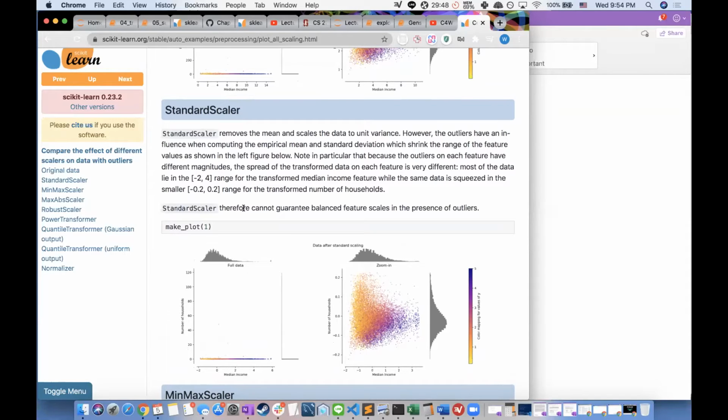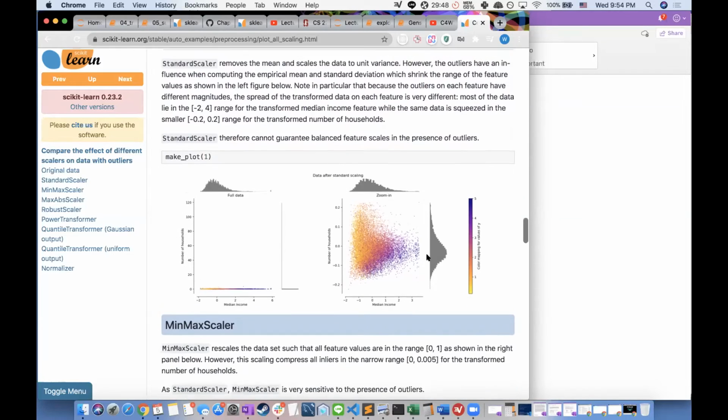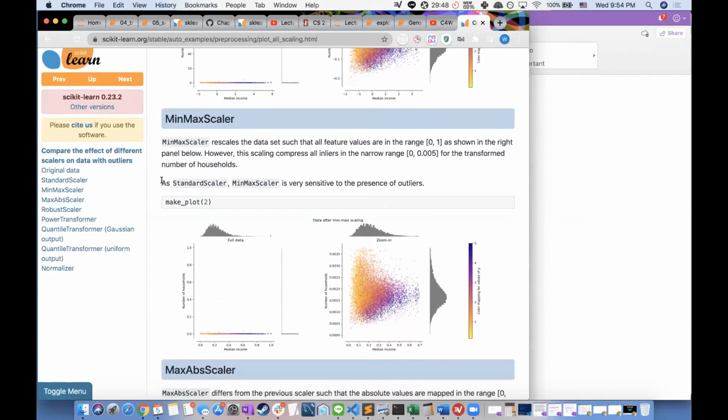So StandardScaler therefore cannot guarantee balanced features in the presence of outliers. So you want to keep that in mind when choosing StandardScaler as your scaler. And MinMaxScaler is actually very sensitive to the presence of outliers. So you want to be mindful about that as well.